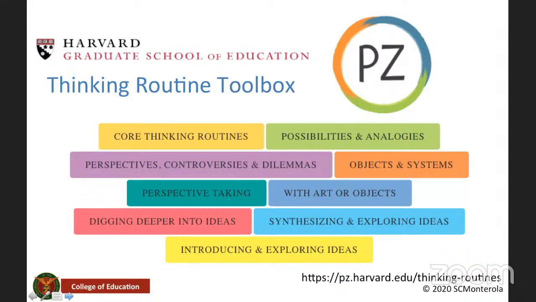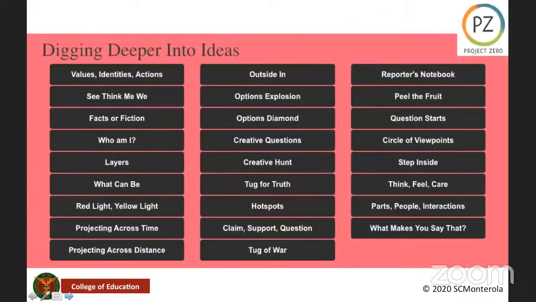So there are, for example, thinking activities about possibilities and analogies, perspectives, controversies, and dilemmas, digging deeper into ideas, synthesizing and exploring ideas, and even introducing and exploring ideas. To give you an example of this thinking routine toolbox, in digging deeper into ideas, there are several activities that can be done.